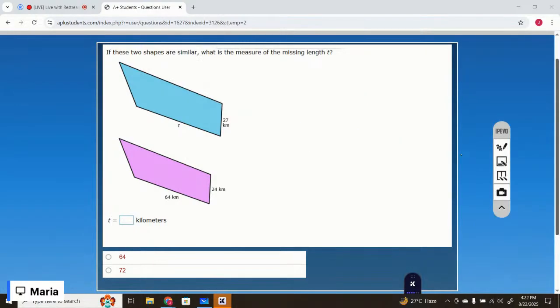It is basically that you need to form a proportion between their similar sides and then you have to equate and solve for the variable.